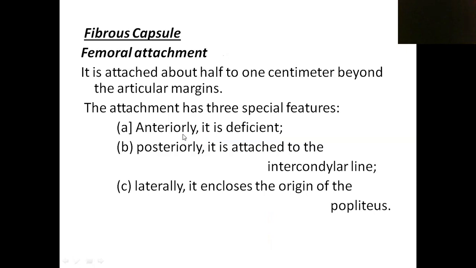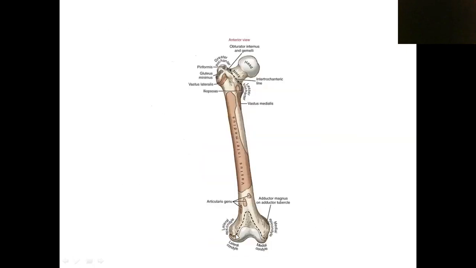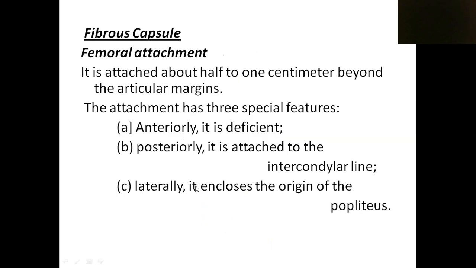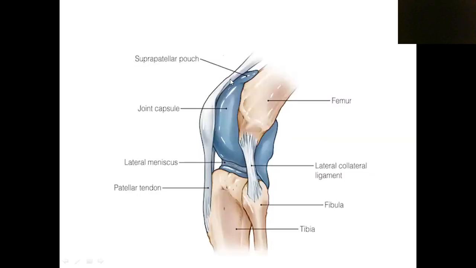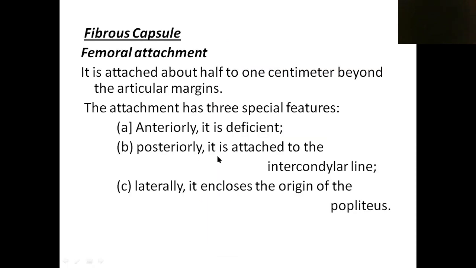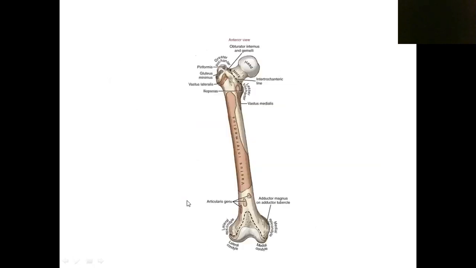So the femoral attachment is to the lower end of the femur, half to 1 centimeter away from the articular margin. Then that attachment has some peculiarities. Anteriorly it is deficient; anteriorly, see this, the capsule is replaced by the patella and ligamentum patellae. So anteriorly it is deficient. Posteriorly it is attached to the intercondylar line. What is meant by that?